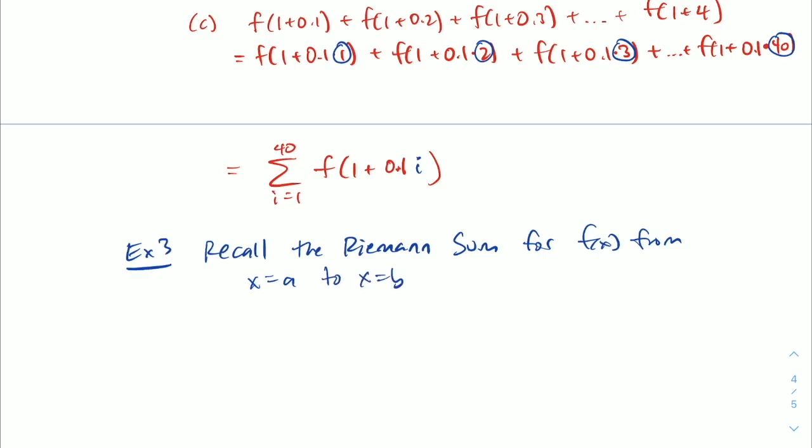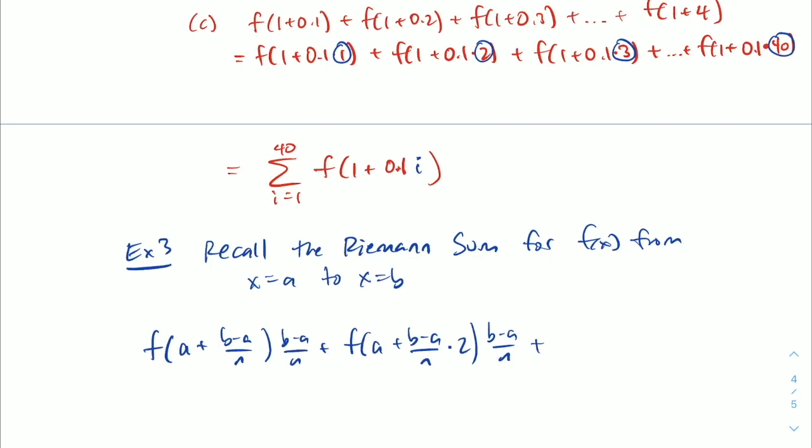It was f of a plus b minus a over n times 1 times b minus a over n, plus f of a plus b minus a over n times 2 times b minus a over n, plus, and this continued on till we have f of a plus b minus a over n times n times b minus a over n. Okay, this is the area approximation using the right endpoints. Let me write that down. Using right endpoints.